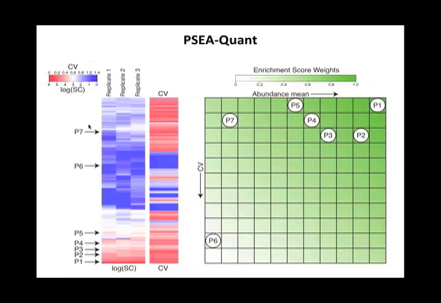New input features. We've facilitated the analysis of relative abundance quantification data sets. What I mean by that is that PSEA-Quant allows the analysis of data sets that are quantified using mass spectrometry label-free strategies, more formally known as spectral counting or intensity-based measurement of protein abundances.